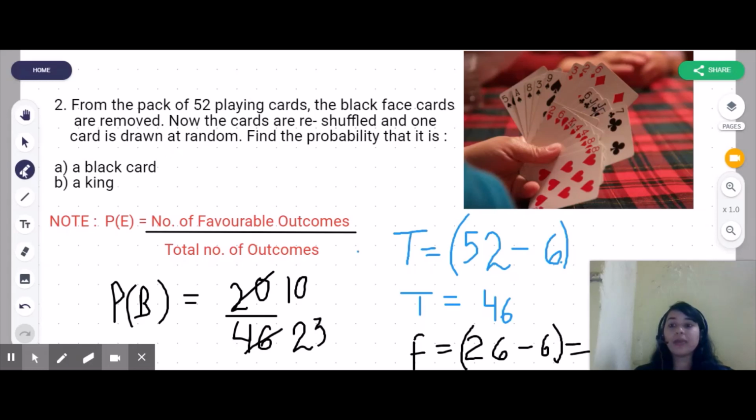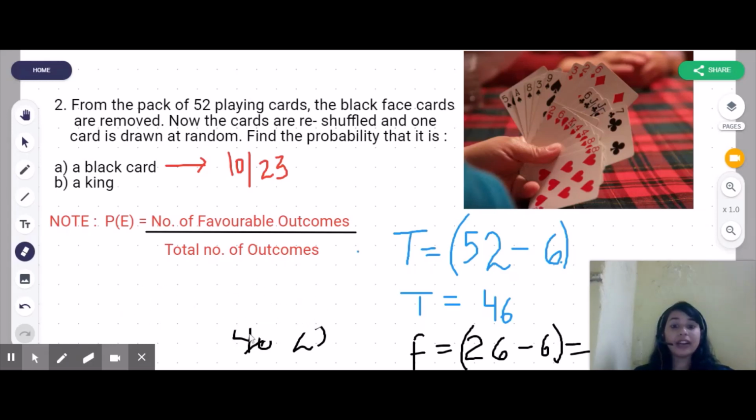So what is the probability of getting a black card after removing the black face cards? The probability is 10 by 23. Again, you can very well notice that the answer is in the reduced form and the value is going to lie somewhere between 0 and 1 only.